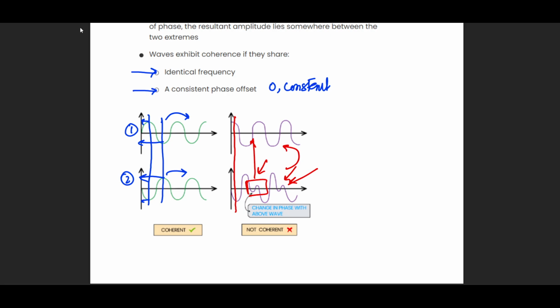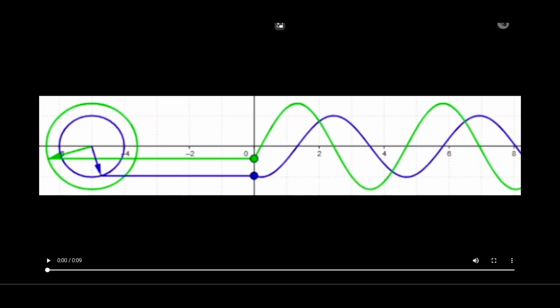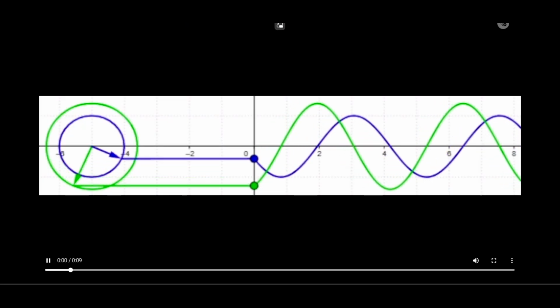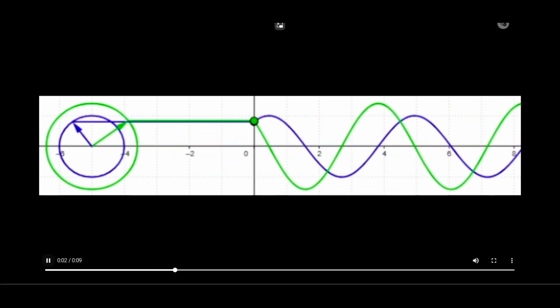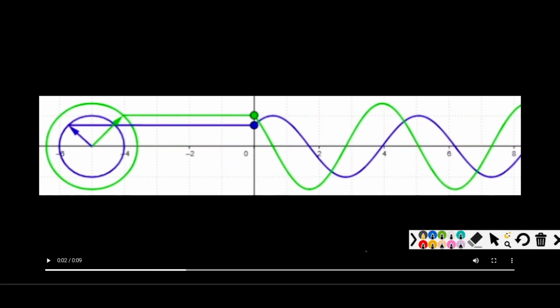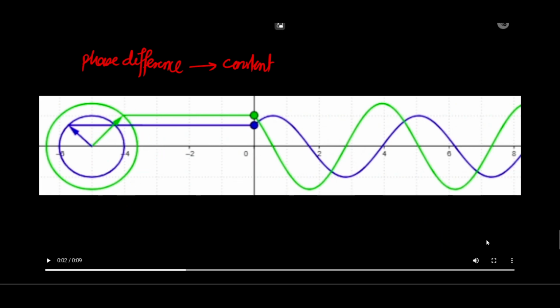Okay, let's look at this from another perspective, like this one. If the waves are moving like this, the angle between them should remain the same. So for example, the phase difference that we've understood in the previous video, this is the phase difference. This phase difference should remain constant no matter how the waves are moving. It doesn't matter wherever they are going, they should remain constant.